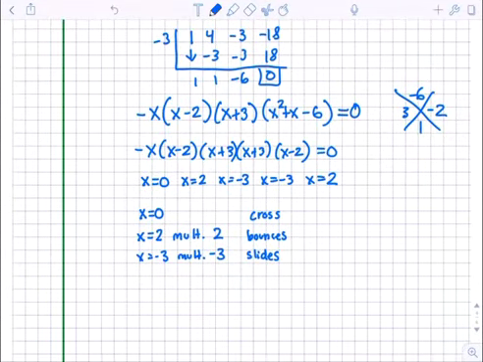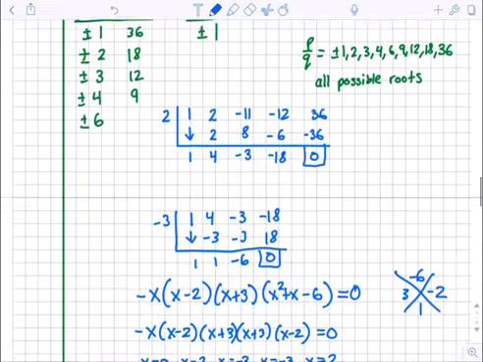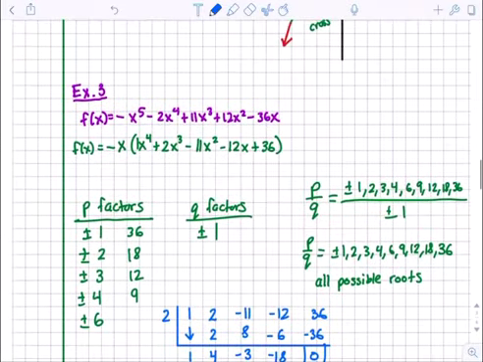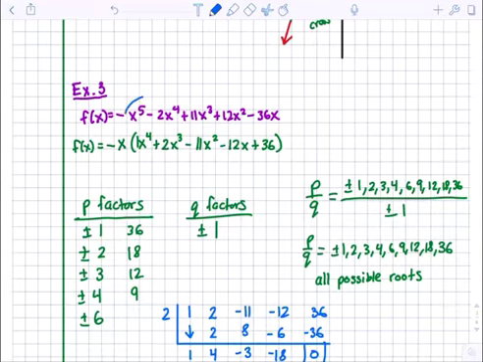So now you have to find your end behavior. Well, sorry, first to find the end behavior, you have to find your highest degree. Now, if we look back at the original problem, here is the highest degree. And look, there's a negative in front of it.